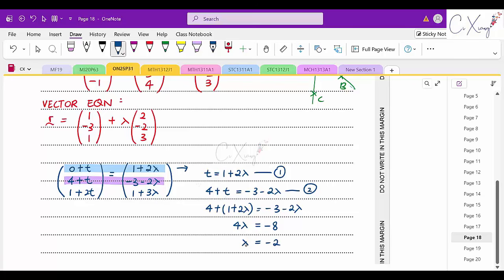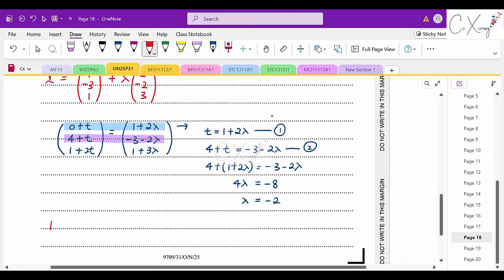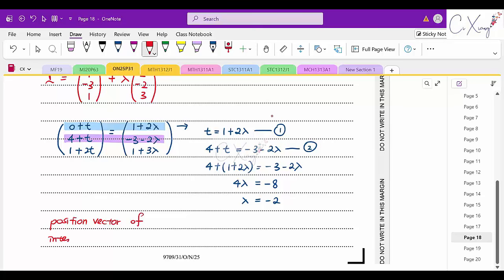Once I get my lambda equal to -2, to get the intersection point, I directly substitute this into my vector equation to get the position vector of the intersection point.